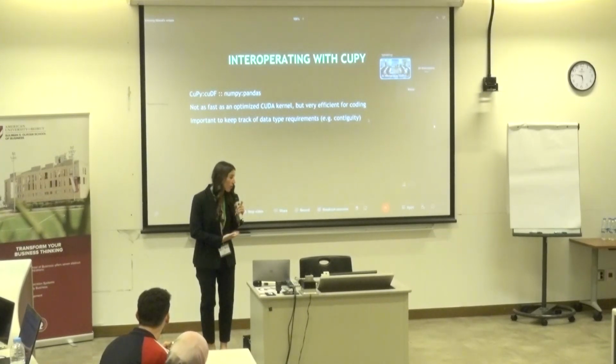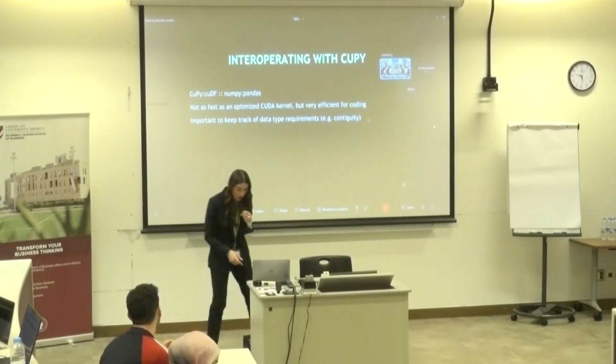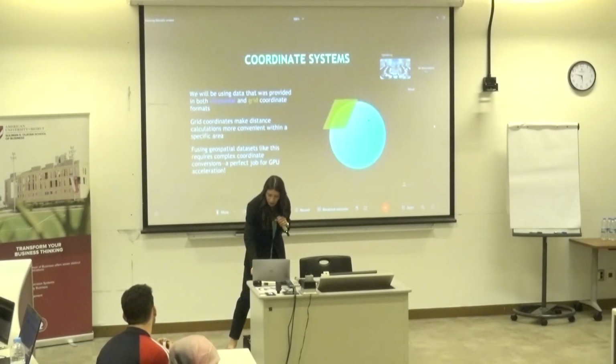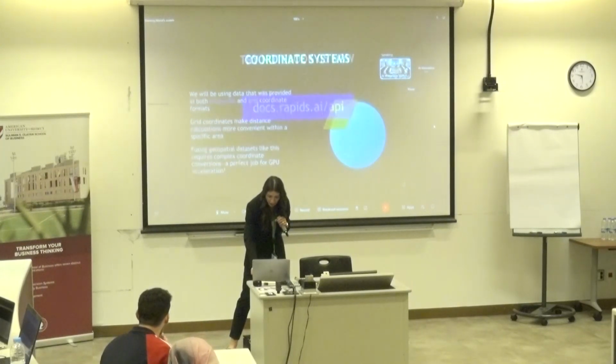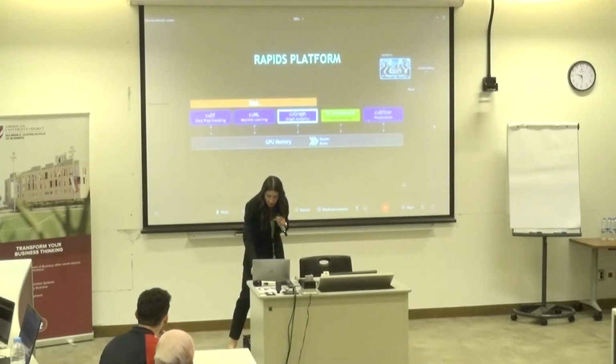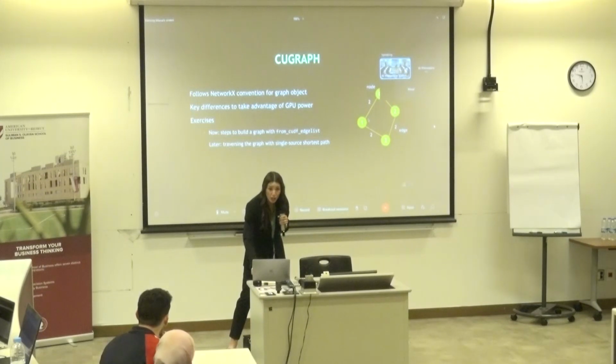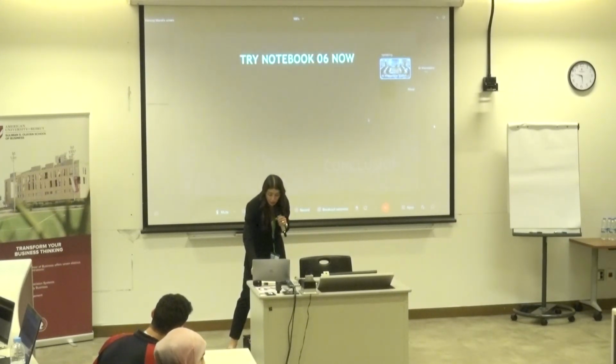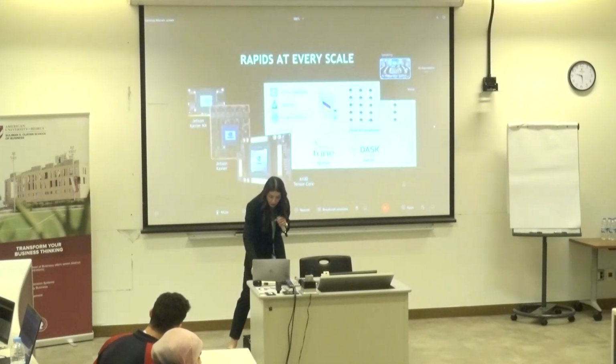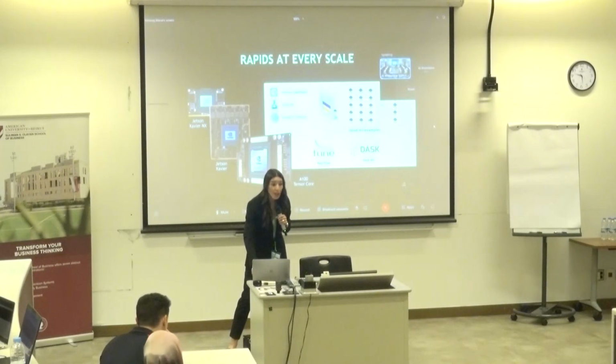So you are working with a particular version of RAPIDS. A new version is coming up every month with new capabilities that are built on top. Okay? So you can observe a lot of things there throughout the notebooks. Each notebook is dedicated towards a particular library of RAPIDS to empower you to look at things there. And again, RAPIDS allows you to run at every scale.